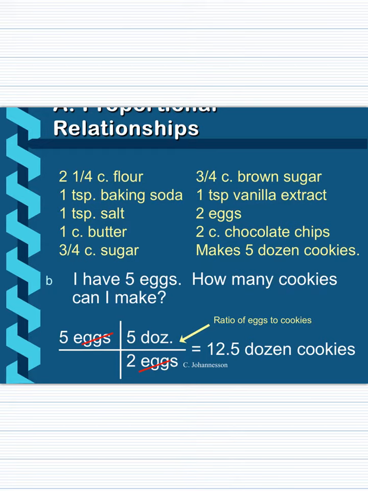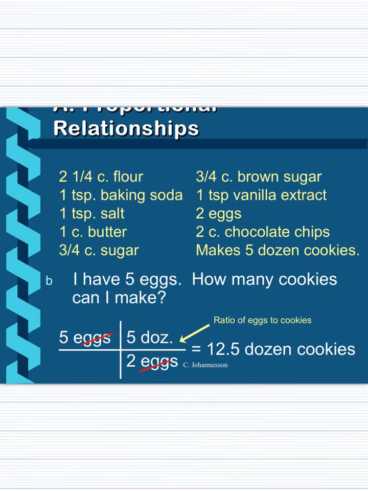So here on this slide, we're looking at a recipe. And in this recipe, it's basically telling us that if we have 2 1/4 cups of flour and 1 teaspoon of baking soda, 1 teaspoon of salt, 1 cup of butter, 3/4 cup sugar, 3/4 cup brown sugar, and so on, that ultimately I will be able to make 5 dozen cookies.